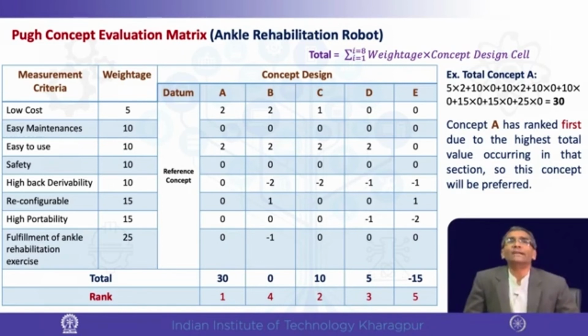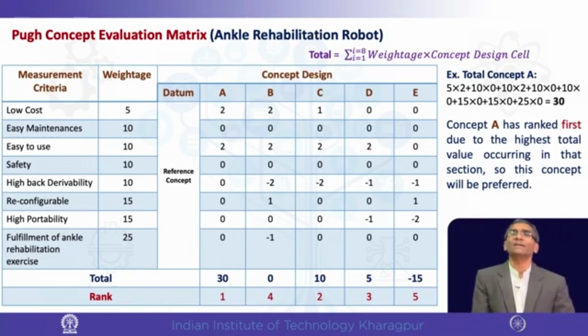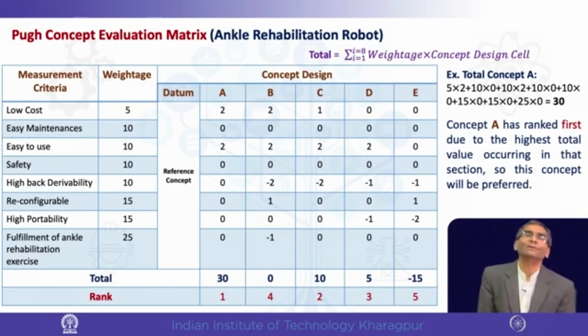Now, the datum is the reference concept, whatever the concept is, that is the existing one which is the best so far, against which the others are being evaluated. So, the datum or the reference concept is presented, and against that A, B, C, D, E are compared.